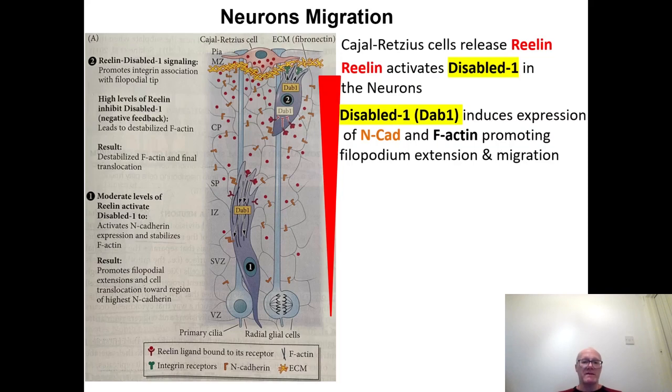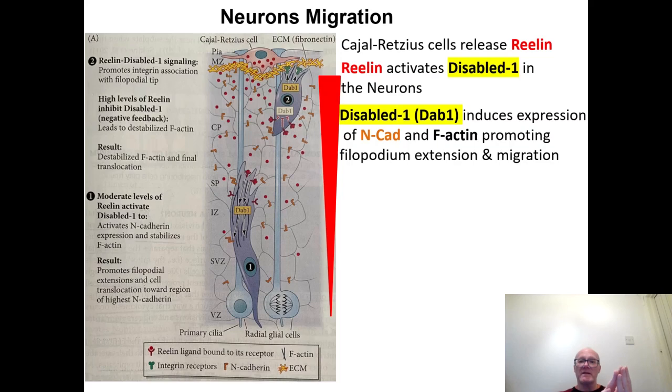Moreover, because they are expressing NCAD, they are able to attach to the surface and actually pull the rest of the body in. So imagine that these are like hands. Because of the expression of F-actin, the hand that at first is closed, the neuron that is now moving, is able to produce these fingers out, which are full of actin.